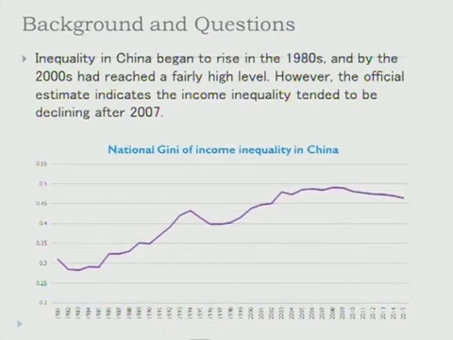And after 2003, the NBS published the Gini for every year. So this curve indicates that after 2007, income inequality declines slightly. Of course, there is a lot of debate on whether it is reliable or not. Anyway, I think it is very important background.